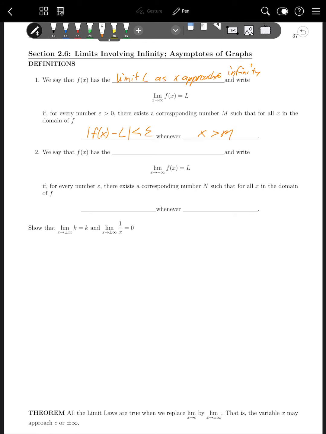So we can say that f of x has the limit L as x approaches negative infinity, written here, if for every epsilon there exists a corresponding N such that the absolute value of f of x minus L is less than epsilon whenever we can find x less than some N, so some very large negative number.